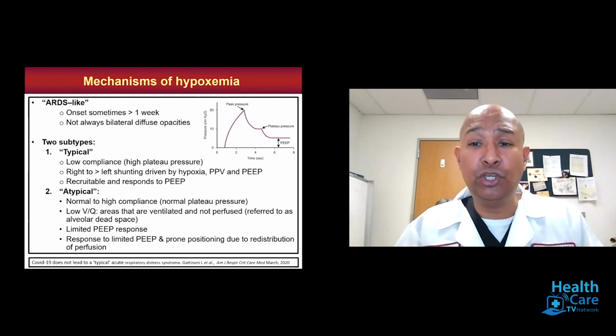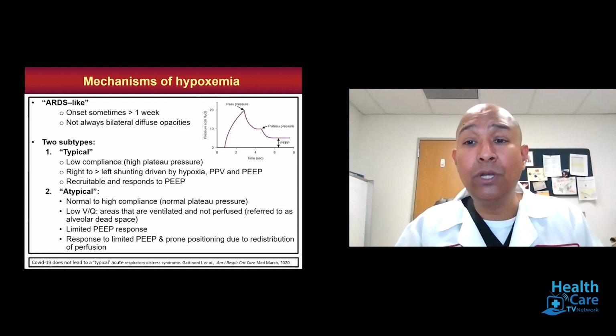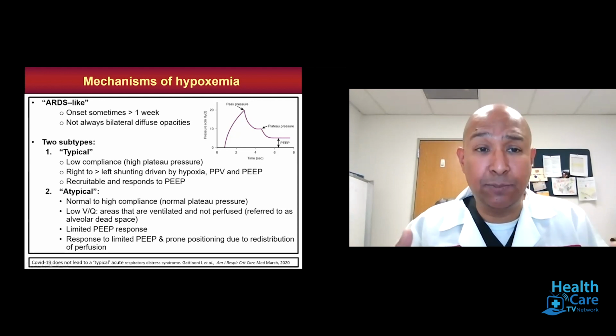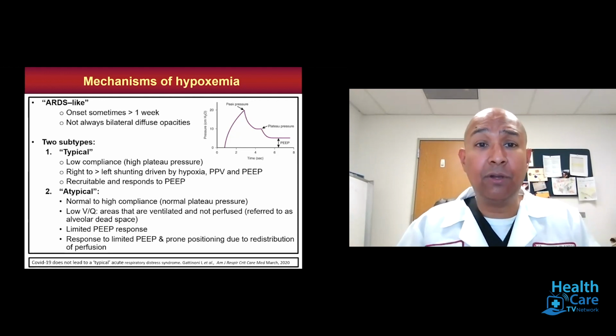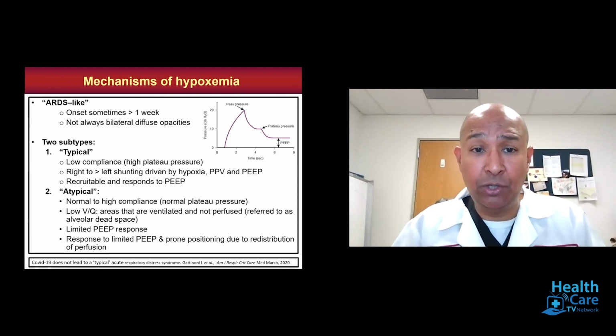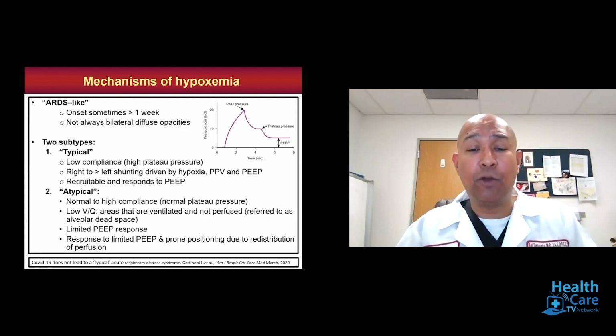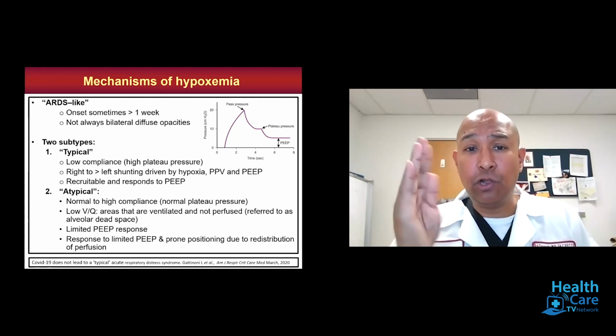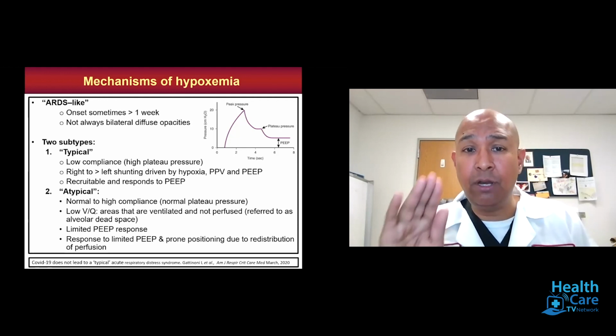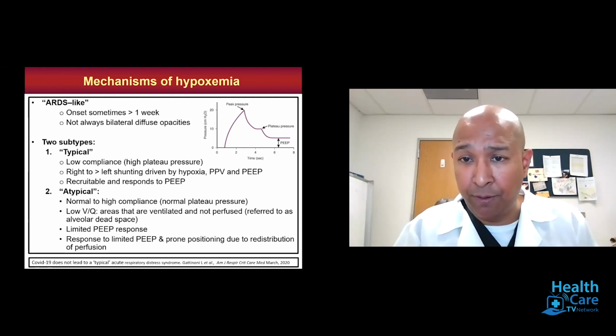And quite commonly what we check is a plateau, which is an end inspiratory pause. So literally there's a button on your ventilator that you or your respiratory therapist can press. It's a valve that closes at the end of inspiration, and it measures pressure. So you get a plateau pressure.